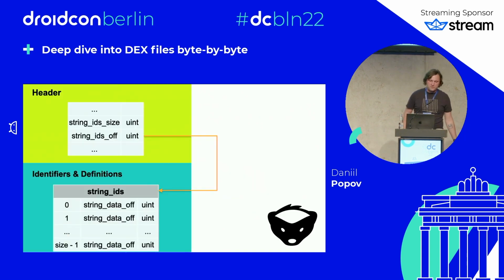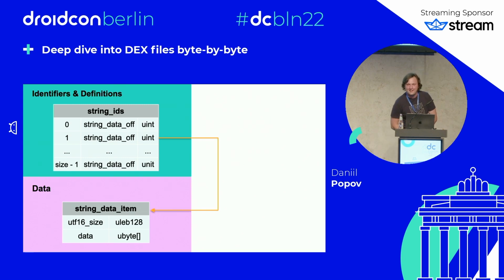That's how the deduplication works, and we can save a lot of memory in this case. Okay, and the header has the size of this table and offset to it, I mean the string table. And the table itself is placed in a section where identifiers and definitions are kept. So the header is colored with green color, and this identifiers and definitions section is colored with a bluish one.